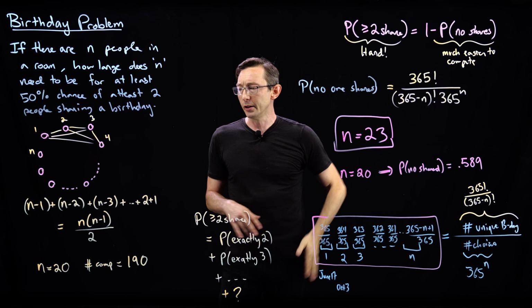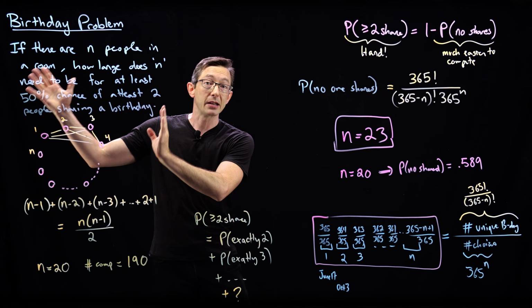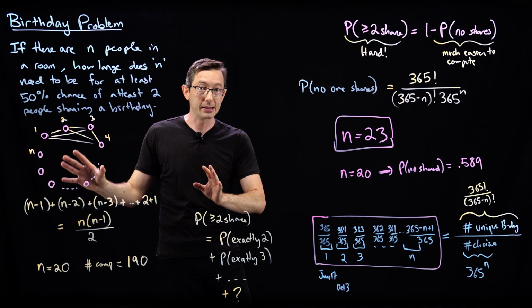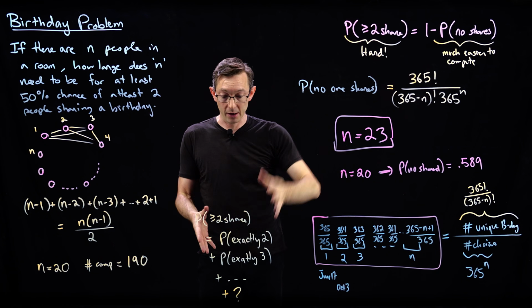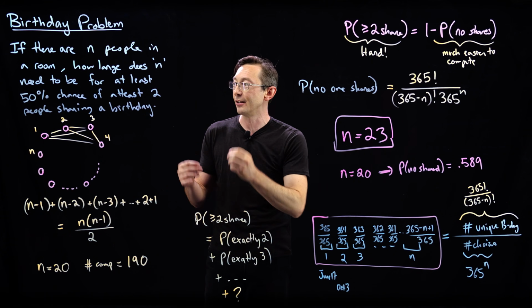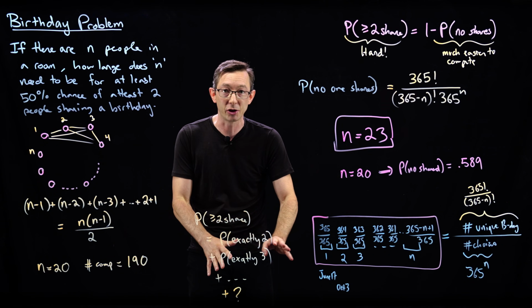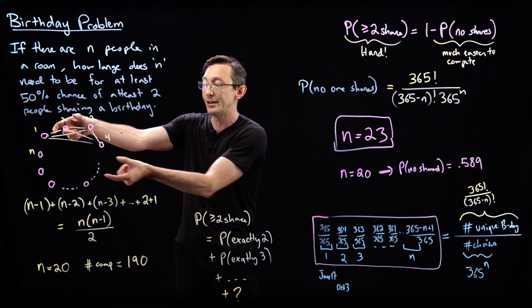But it gives a couple of important ideas here. Probabilities are sometimes unintuitive. The way you actually count things, it might be really hard to compute the thing you actually want. Actually counting the probability of greater than 2 people sharing a birthday is very hard. There are all of these weird edge cases. Maybe 3 people share a birthday, maybe 4 people, maybe 2 people share a birthday and another 2 people share a birthday.